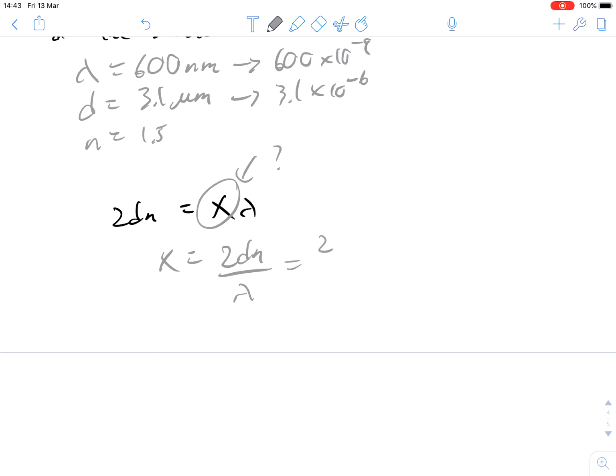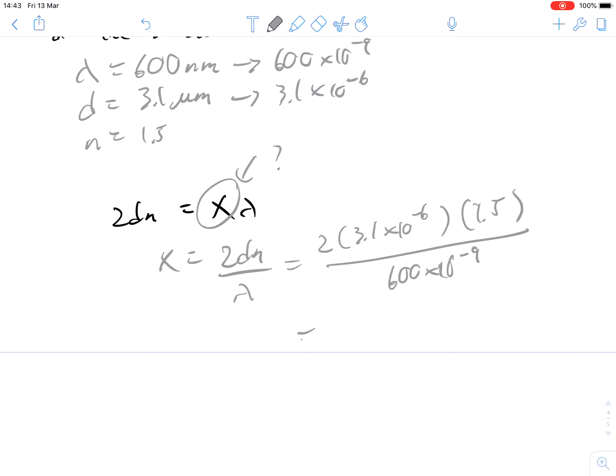Make our substitution: 2 times our distance, 3.1 times 10 to the negative 6, times, oh no, that's n. n is going to be 1.5. And that's divided by 600 times 10 to the negative 9.